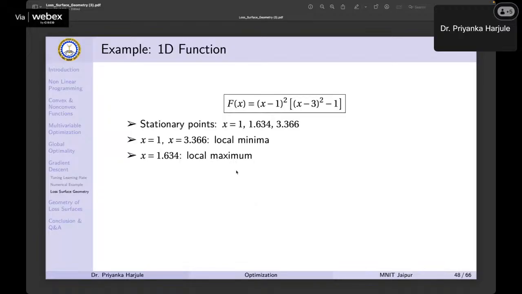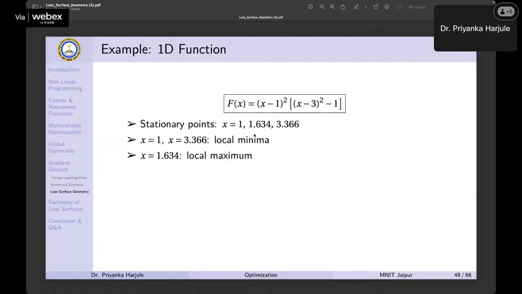Let us look at the geometry starting with one dimension. If we look at this function, this is a one-dimensional function, (x minus 1) the whole square times (x minus 3) the whole square minus 1. If you apply the derivative test, the necessary and sufficient condition, and take the first derivative and equate it to 0, you get the solutions to be 1, 1.634 and 3.366.